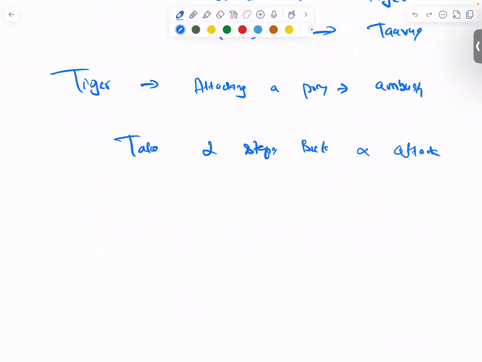For example, you are going for an important work that must be successful at any cost. While leaving your house, come back 2 steps, just like the tiger goes back, then think of your Ishta Devata and move forward. 100% whichever work you are going out for will be successful. Understand? It is not a joke.